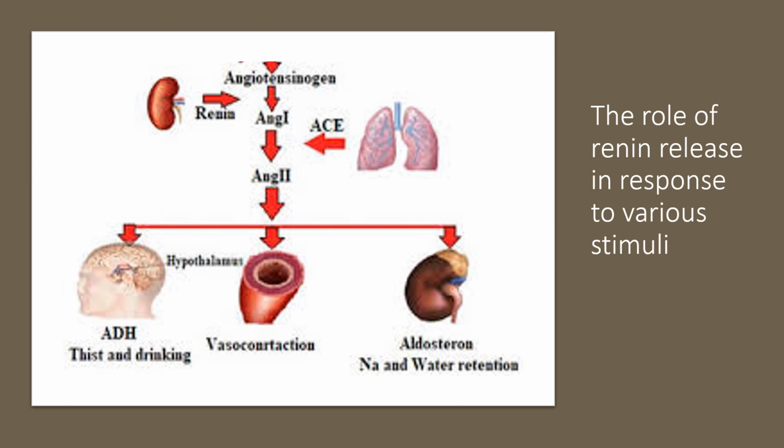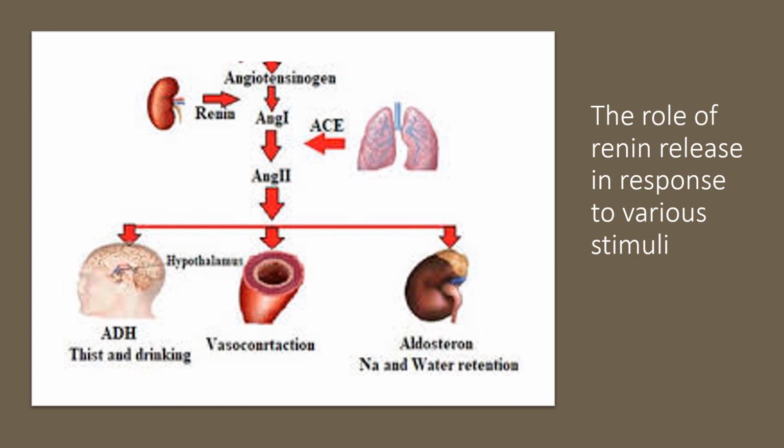Okay, so angiotensin 2 acts on several targeted organs and tissues, such as the adrenal glands and blood vessels, to increase blood pressure. It stimulates the secretion of aldosterone from the adrenal cortex, which promotes sodium reabsorption in the kidney and water retention, thereby increasing blood volume.